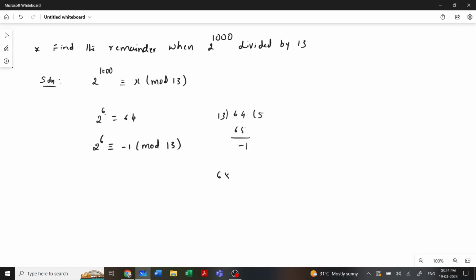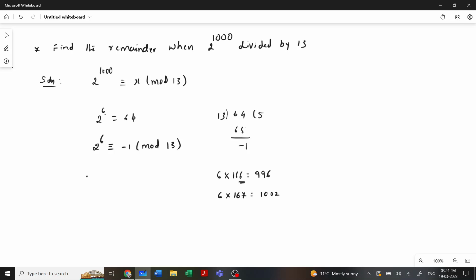See, 6 multiplied by 166 gives 996. This number is again a trial and error method we have to work out. If I try 6 into 167, it gives 1002, which exceeds the 1000 in our question. So we stick to 166.